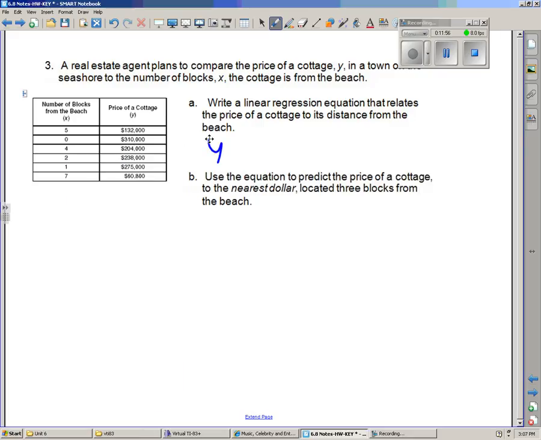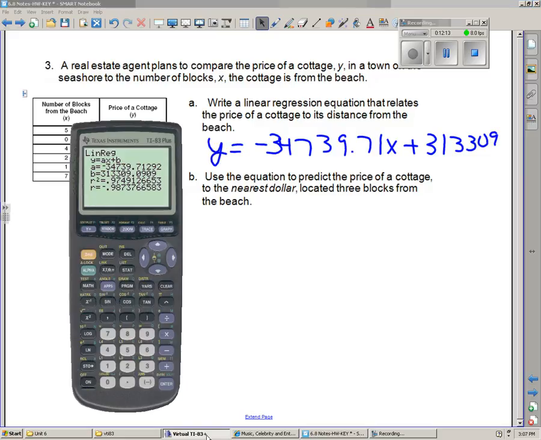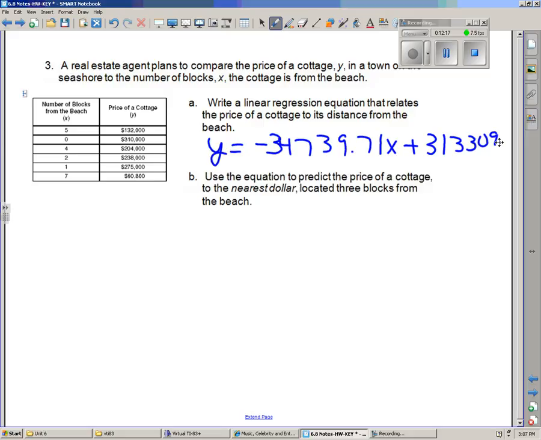So we've got y equals negative 34739.71x plus 313,309.10. Okay, so there's the equation.